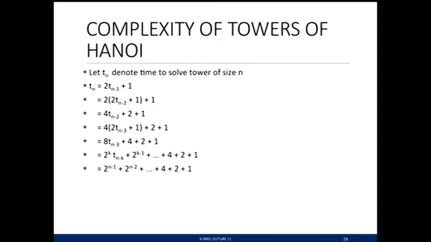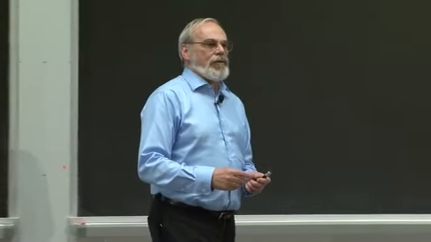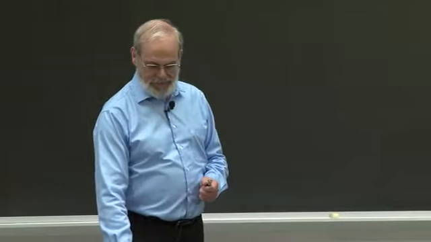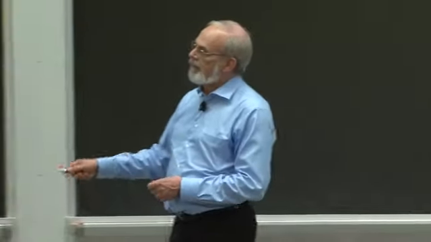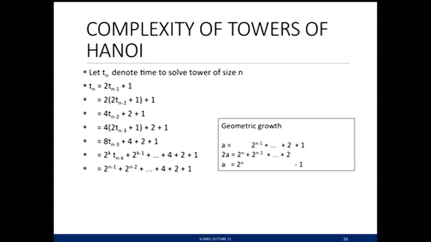Right, what's that? Well, if you're a Course 18 major, you've seen it before. If you haven't, here's a nice little trick. Let me let A equal that sum: 2 to the n minus 1 plus 2 to the n minus 2 all the way down to 1. Let me multiply both the left and the right side by 2. That gives me 2a is equal to 2 to the n plus 2 to the n minus 1 all the way down to 2. I'm just taking each of the terms, multiplying them by 2.